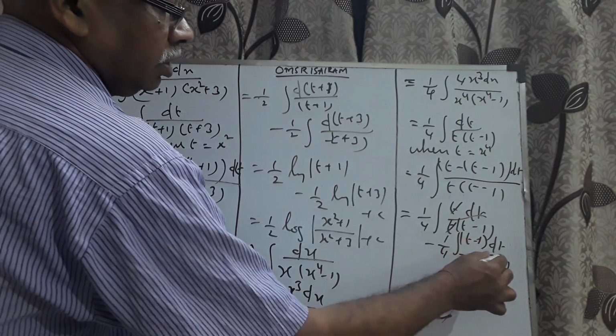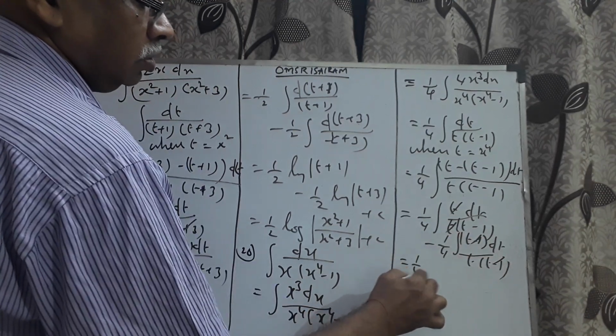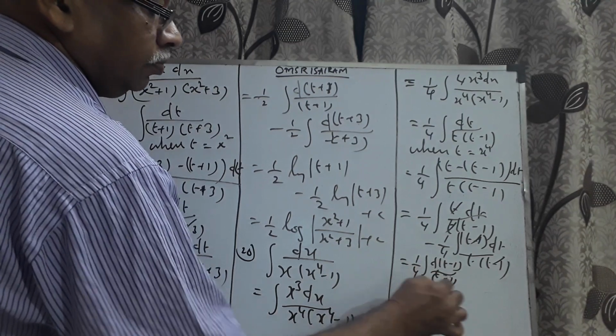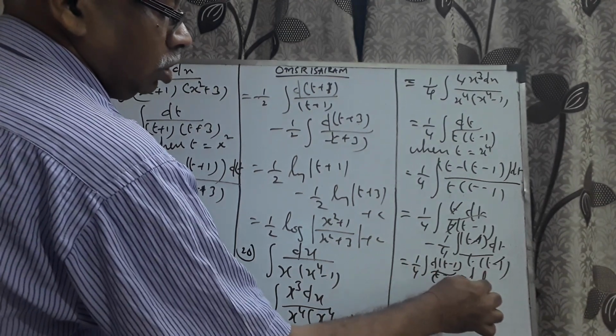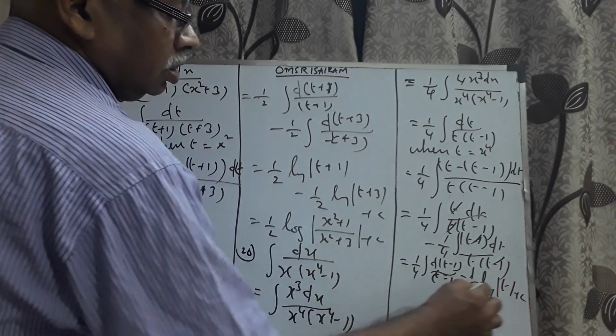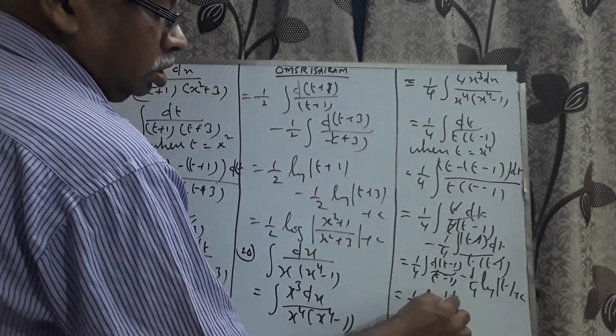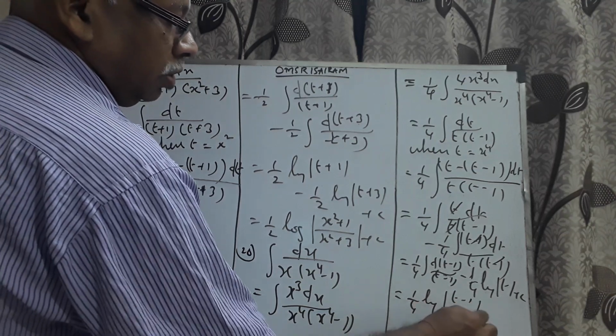Here t gets cancelled, here t minus 1 gets cancelled. This is 1 by 4 integral d of t minus 1 by t minus 1 minus 1 by 4 log mod t plus c. Here it is 1 by 4 log mod t minus 1 by t plus c.